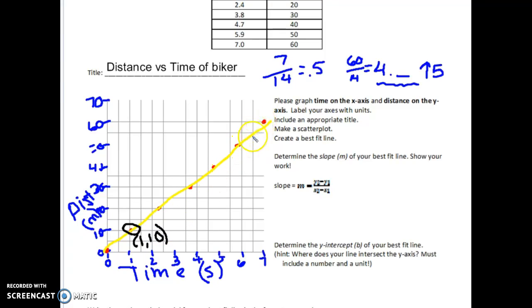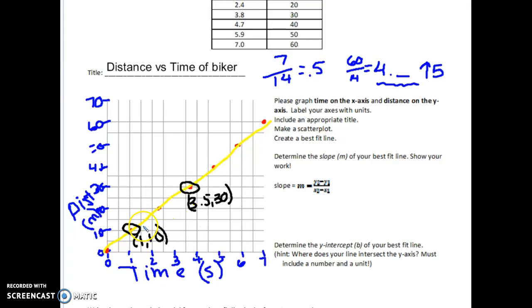And then maybe right around here, I'm going to label that 3.5, 30, according to my best fit line.